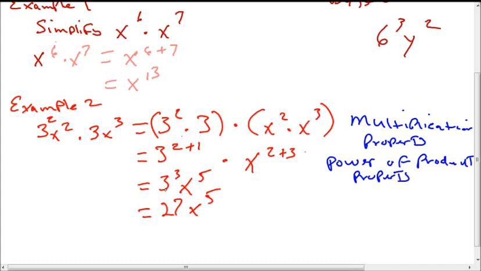And here we are adding our exponents. And then of course here we evaluate it. Okay, and we're evaluating the power.